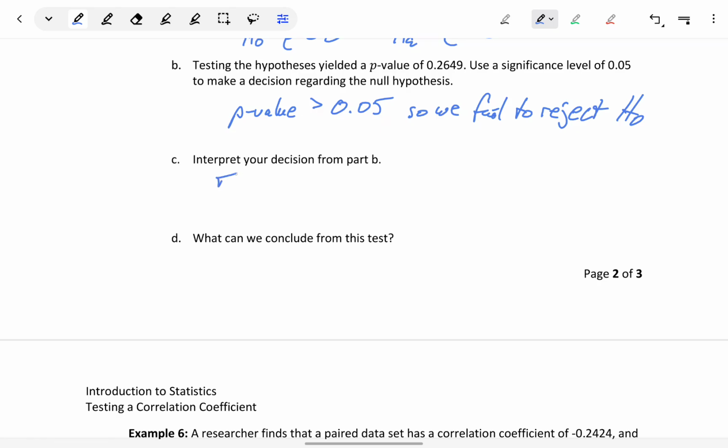That means there is insufficient evidence to discredit the null hypothesis.